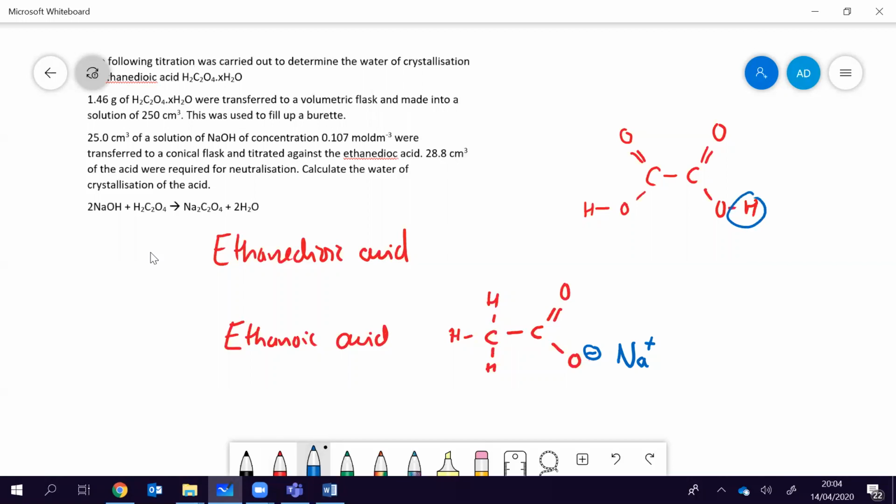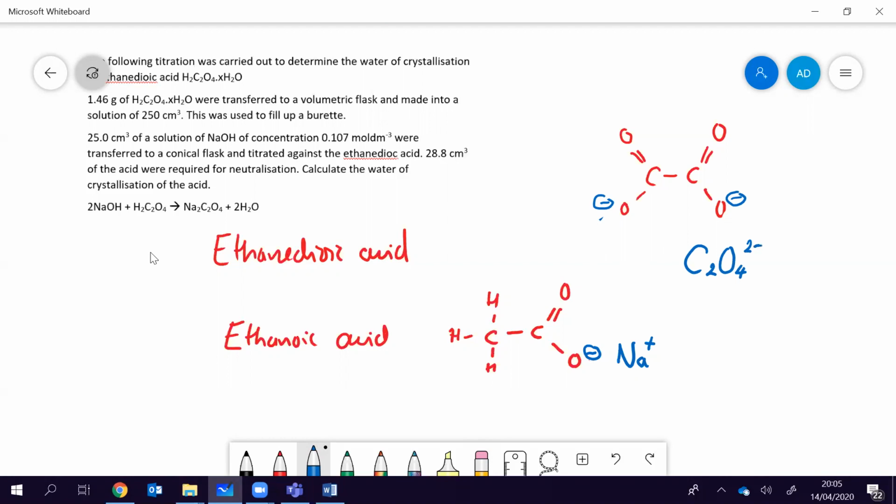That one there and that one there. So it will form this ion. When it reacts with sodium hydroxide or a base, you're going to remove them, and you'll have a negative charge there and a negative charge there. So of course you write that down as this ion, the ethanedioate ion, C2O4 2 minus.